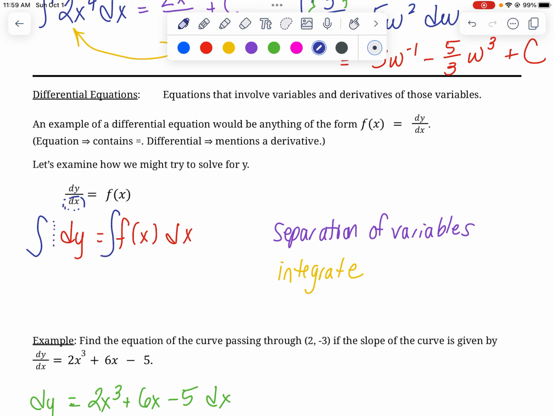What function has a derivative of 1 with respect to y? That's y. And over here, I would have my capital F, that's me trying to write a capital F, relative to x. And then we could actually think about this as having a constant of integration on both sides. Those constants would not necessarily be the same, so I might call them C1 and C2.